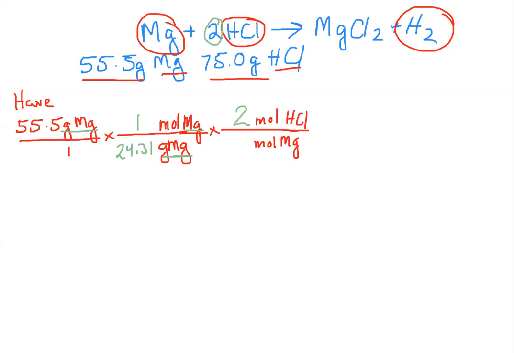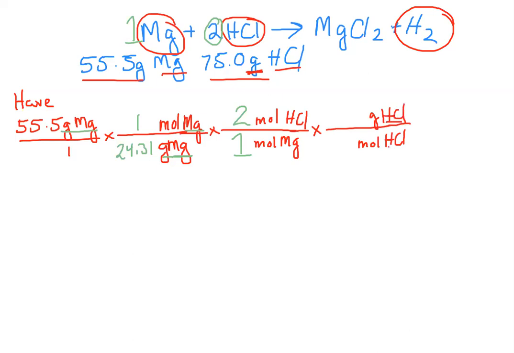So these numbers come from the balanced equation. There's a 2 in front of hydrochloric acid and a 1 in front of magnesium. There's nothing in front of magnesium, so we know it's a 1. Then, because we're given grams up here, we've got to change our moles of hydrochloric acid to grams.